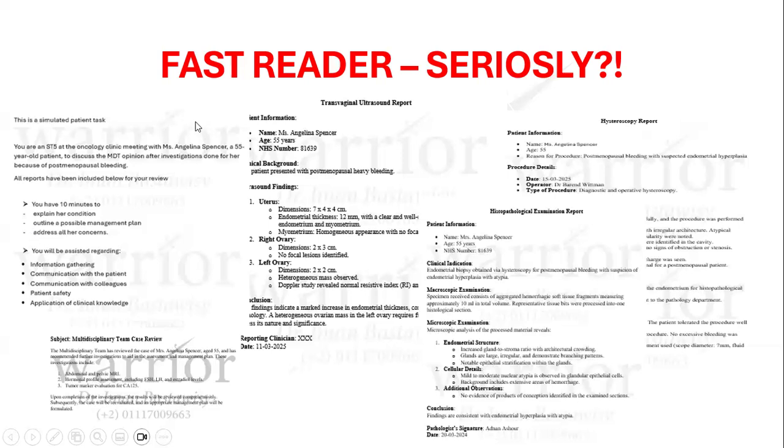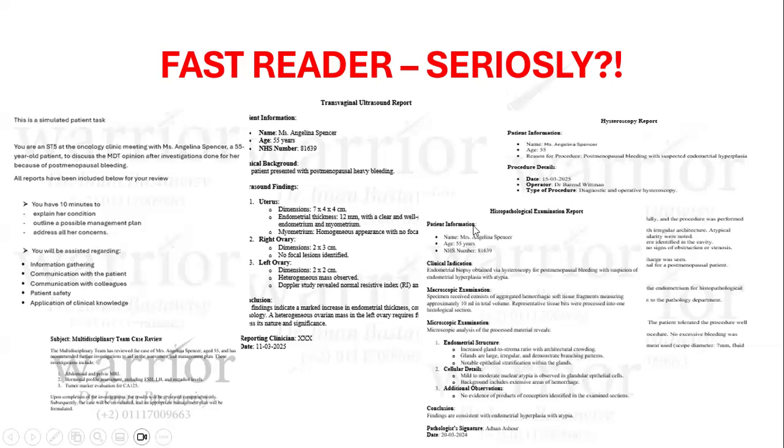Coming to the reports: title, transvaginal ultrasound report, name and age confirmed, and the conclusion is marked increase in the endometrial thickness and heterogeneous ovarian mass in the left ovary. Next is the hysteroscopy report, name and age confirmed, and well, here the conclusion and the impression is not clear. Of course, in the exam you will have it.